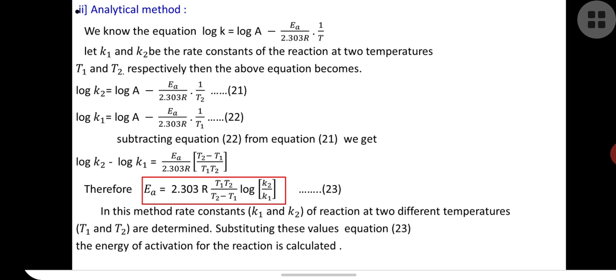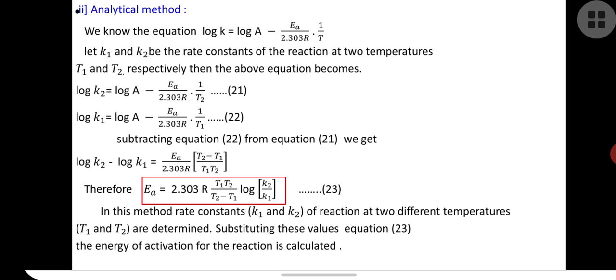Then, the above equation can be written as log K2 is equal to log A minus EA upon 2.303 R into 1 upon T2.